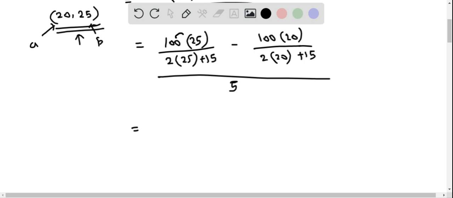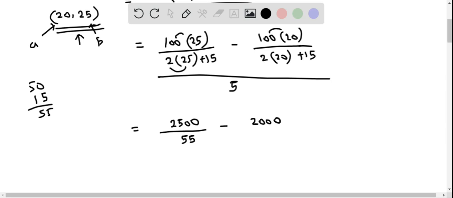100 times 25 is 2500, over 2 times 25 is 50, plus 15, so 50 plus 15 is 65. I'm sorry, the first denominator is 65 and not 55, because 50 plus 15 is 65. So I write this as 2500 over 65 minus 100 times 20 is 2000, over 2 times 20 is 40, and 40 plus 15 is 55.